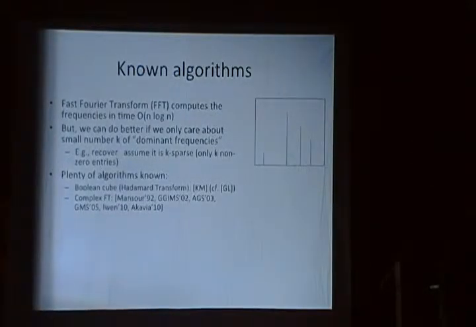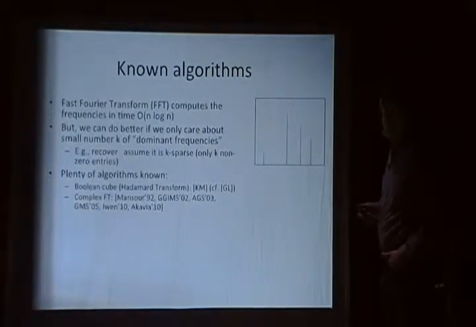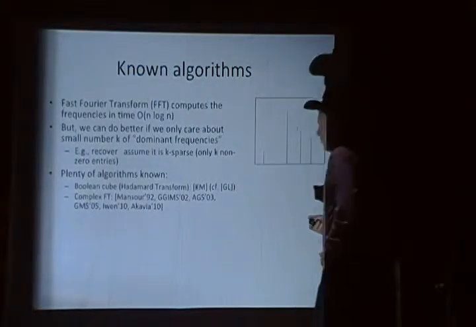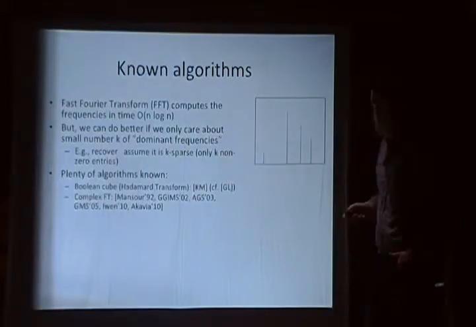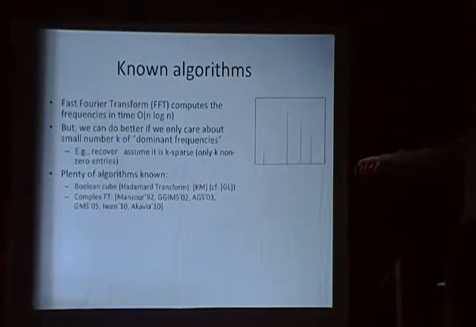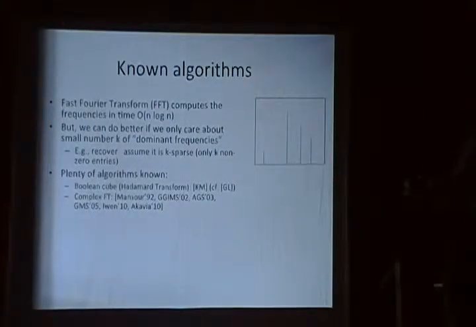But then shortly after, those techniques were extended, and new techniques were developed, to obtain algorithms more efficient than the fast Fourier transform, even for the standard complex Fourier transform.